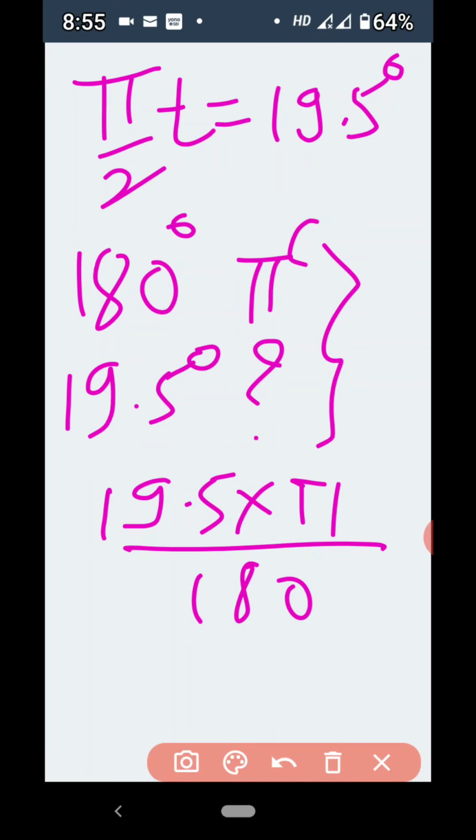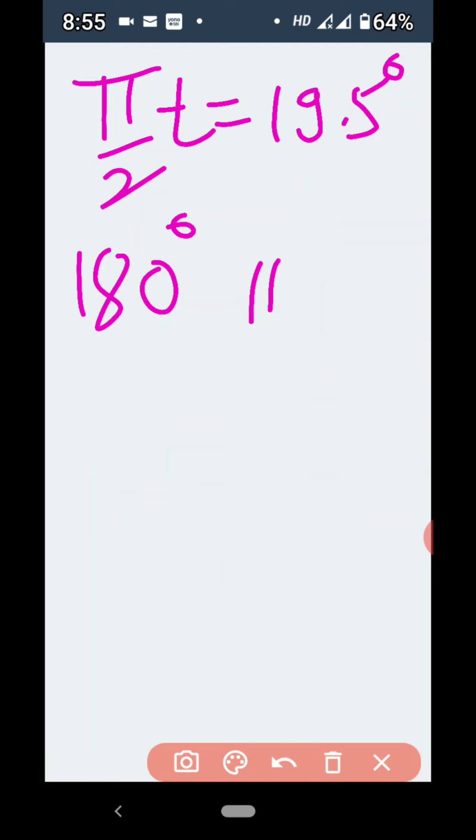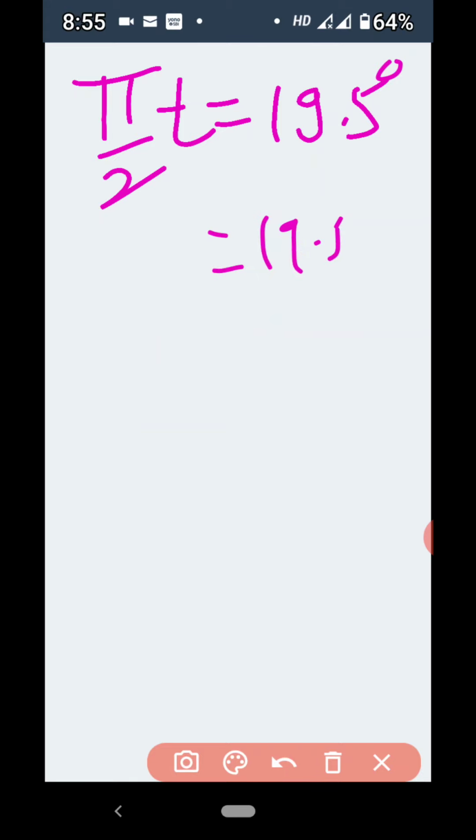Means if you multiply 19.5 by pi by 180, then it gets converted from degree to radian. So let us multiply this 19.5 by pi by 180.